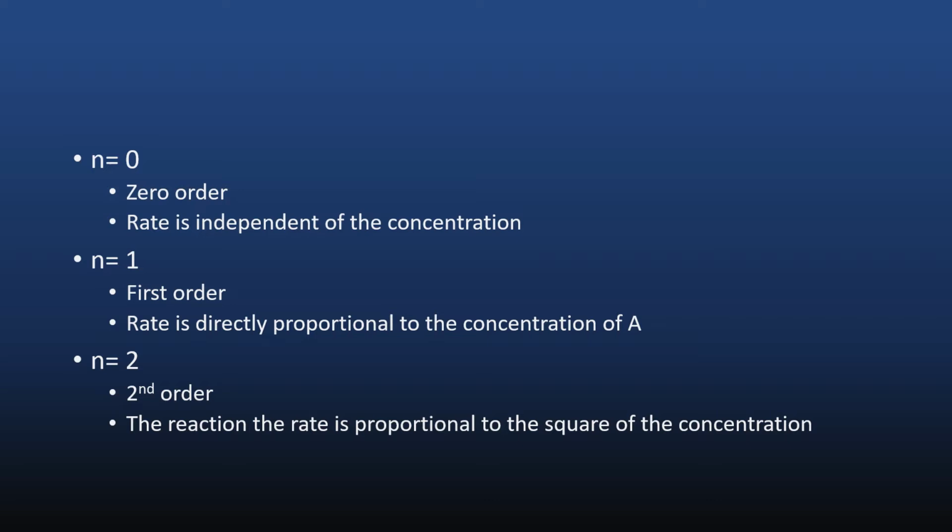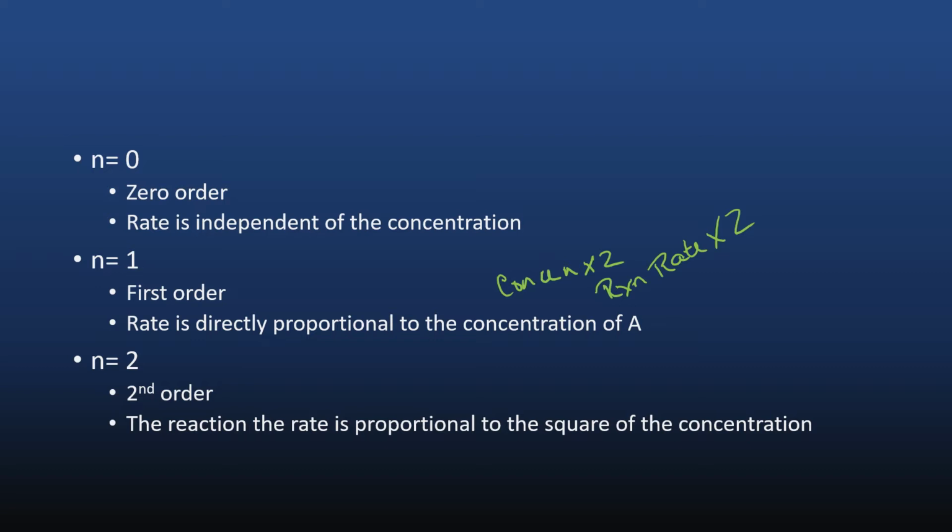So a first order reaction, n equals 1, the rate is directly proportional to the concentration of A. So if my concentration goes up times 2, then my reaction rate is 2 times bigger. If my concentration was 3 times bigger, then my reaction rate would be 3 times as fast.